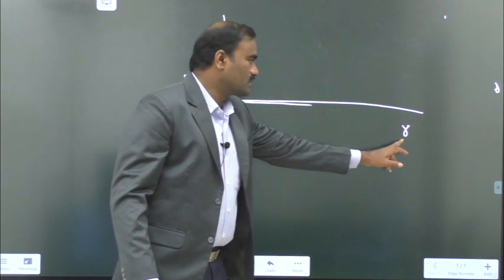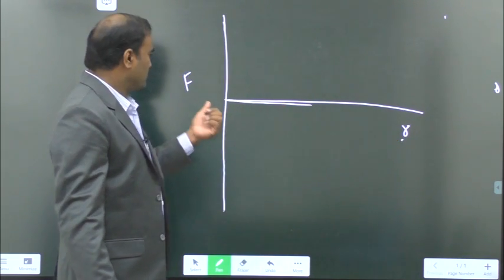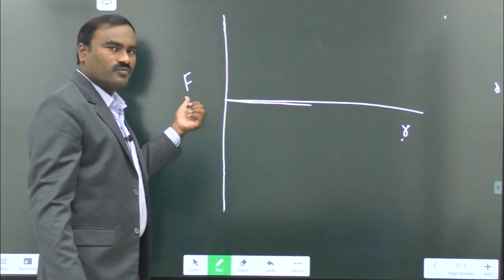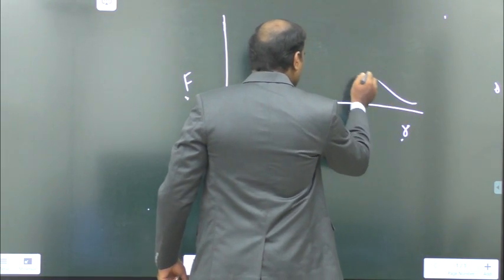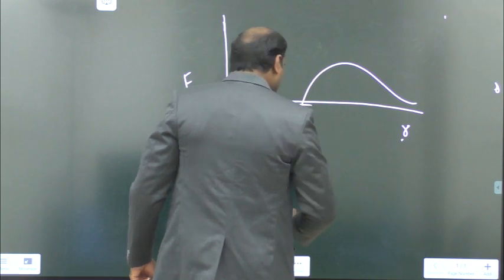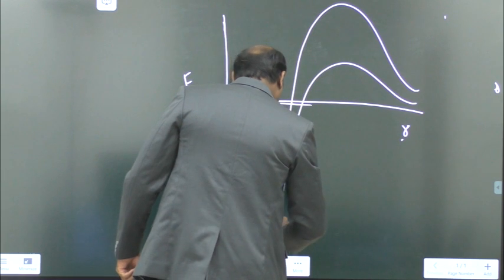This R represents the distance between the two atoms of the solid and F is the force. Suppose I am drawing this curve for two different materials.